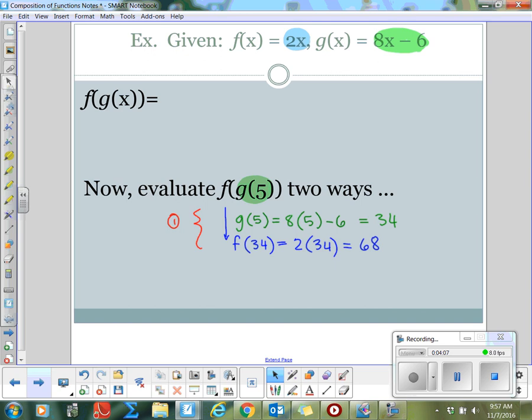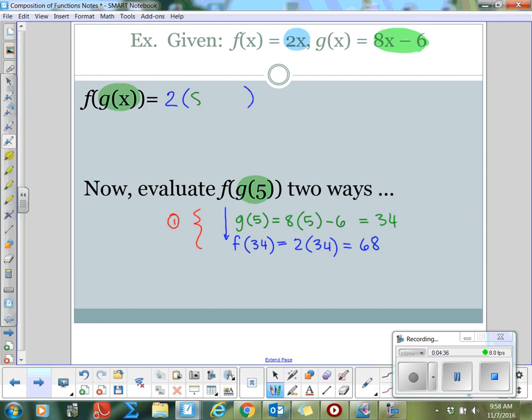Finding a composite function means we find one function that can do the job of both at the same time. So we do the same process I just did, but algebraically. We start by embedding g of x into the f of x function. And again, the f of x function said to take 2 times an input. The input is going to be the g of x function.